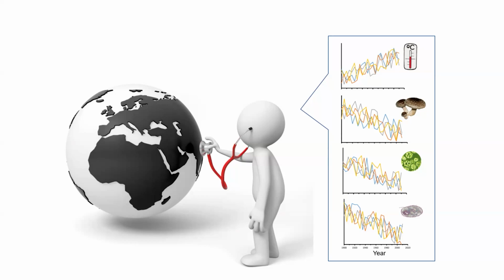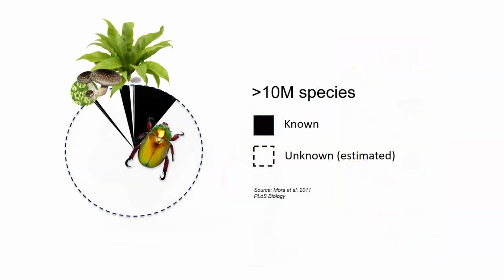The important thing to realize is that this used to seem like a simple task, but it has become very much more complicated over the last few decades, because we have realized that of the populations, species and biodiversity that we're trying to detect changes in, we've only scratched the surface.